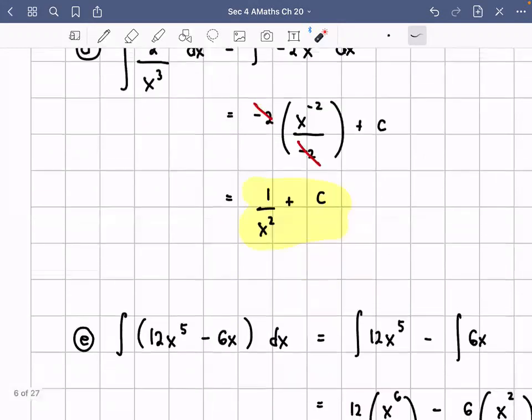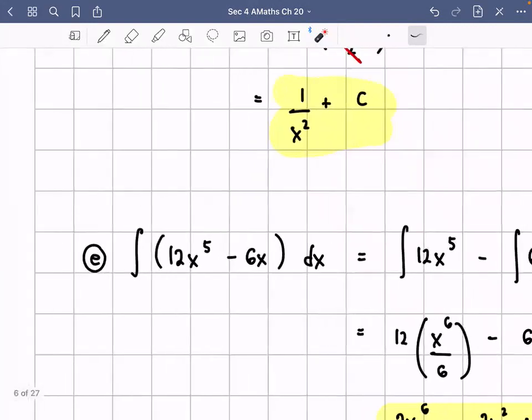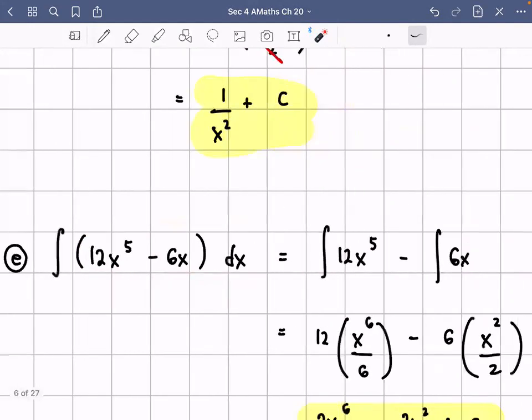All right. And then, okay, so let's have letter E. Now, letter E, you have, again, an expression. Okay, so you have 12x raised to the 5th power, minus 6x. Okay, so how do we get the antiderivative of each?